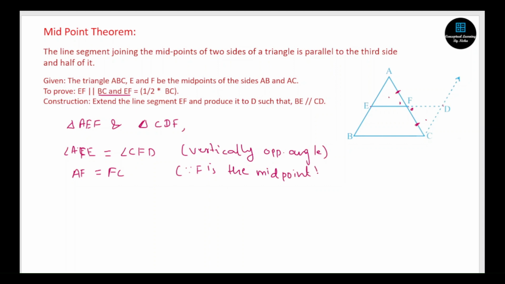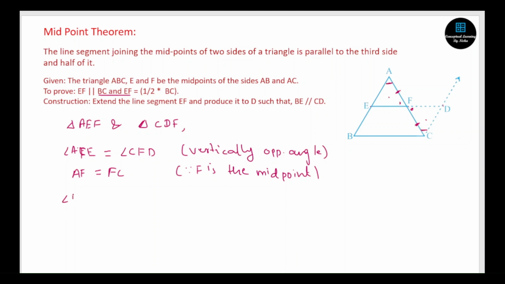And what can I say about this angle and this angle? See, we have taken this construction that CD is parallel to BE. So, eventually BA is parallel to CD. So, these two are alternate angles, right? Yes.